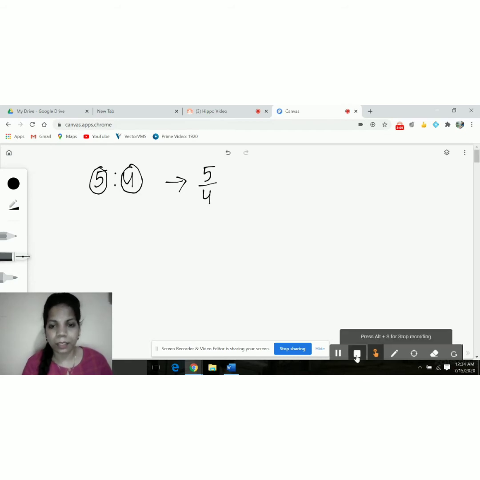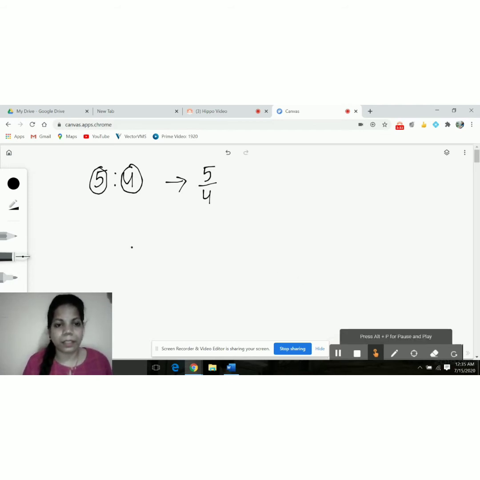Got it children? Here one important thing you have to remember is we have to express ratios in lowest forms only. Ratios are always expressed in their lowest forms only. That means if we have any common factors, we have to cancel them.